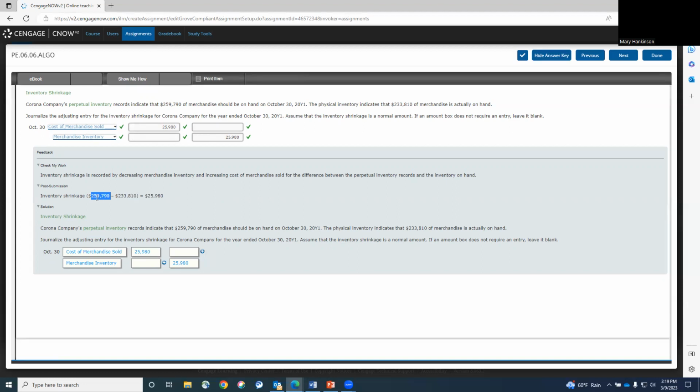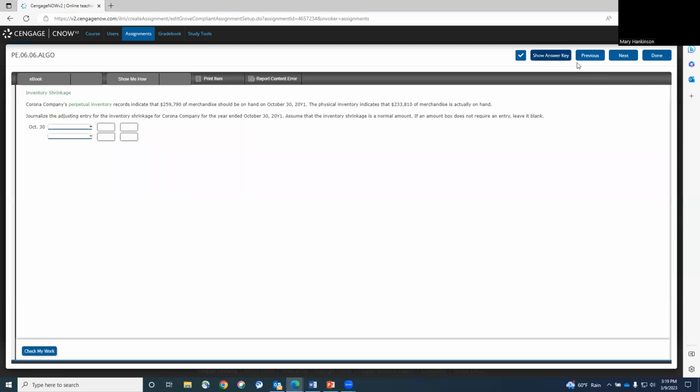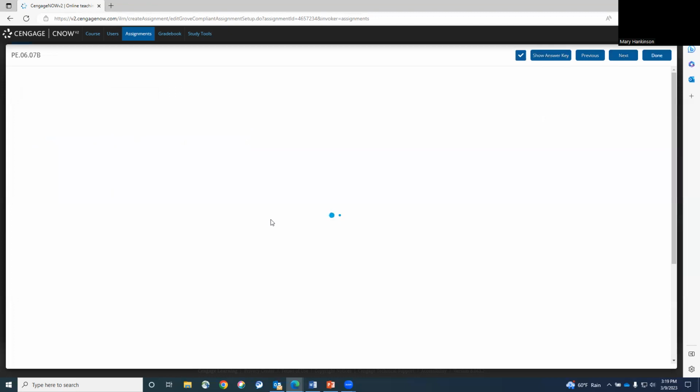This is our book total as of right now. If we credit our merchandise inventory account $25,980, we're going to reduce our book total on our ledger, so now it will match what we physically have. Okay, let's move on to the next problem.